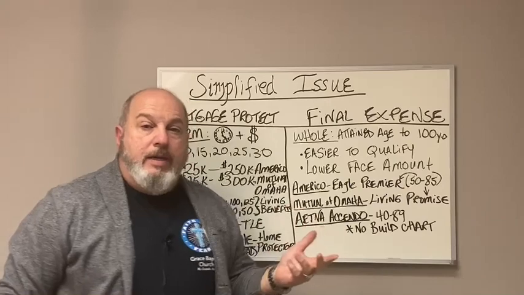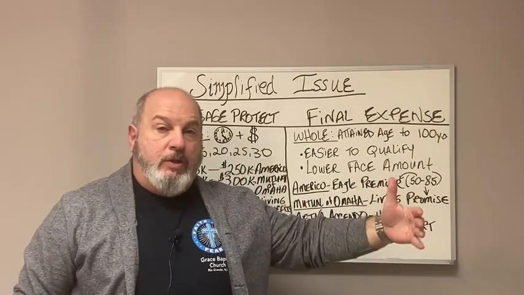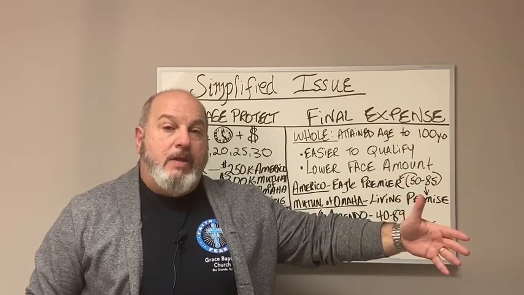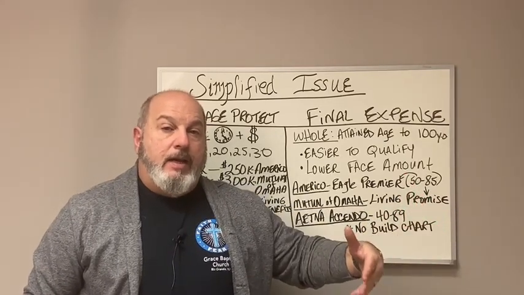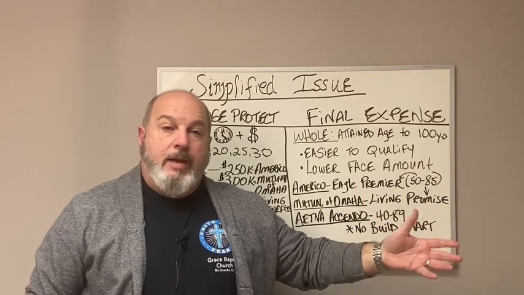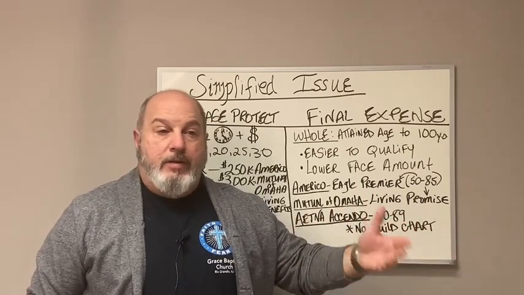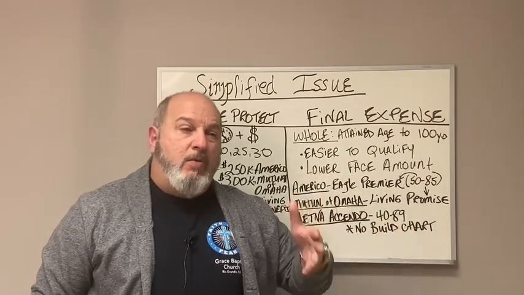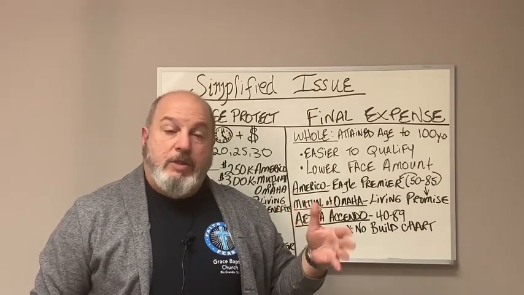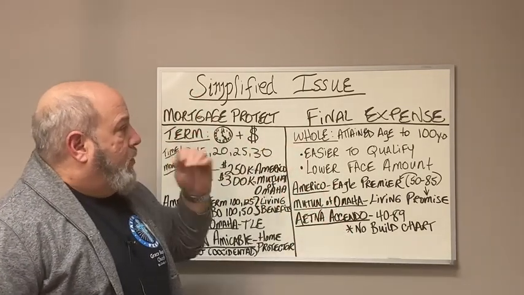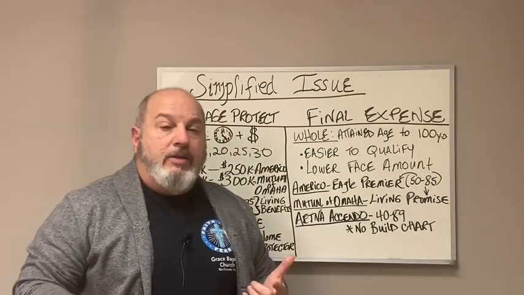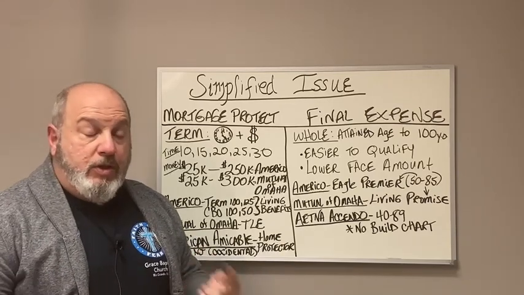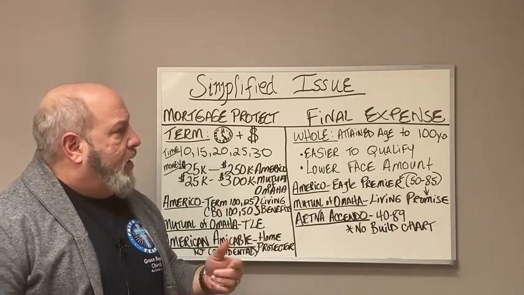Simplified issue is not fully underwritten, which means fully underwritten is someone with a medical certificate goes and does blood and urine, and then that's taken and analyzed, and those fully underwritten policies do not have living benefits, and they don't pay us out nearly as much commission as simplified issue. What's great about simplified issue is, especially with Americo, you can get instant in-home approvals, which is huge. And we'll talk more about that in a moment.